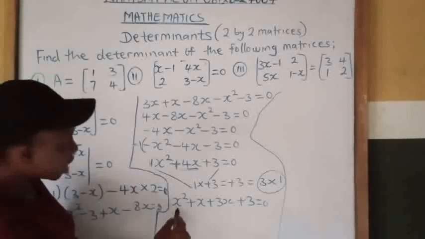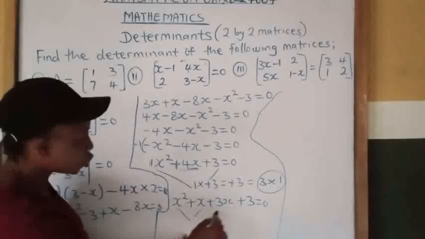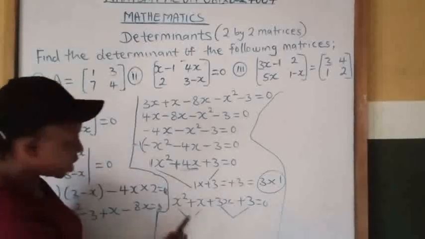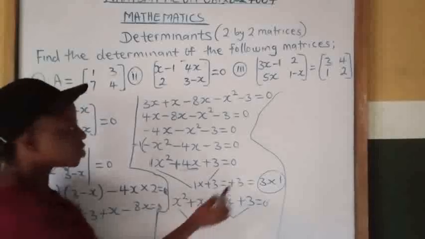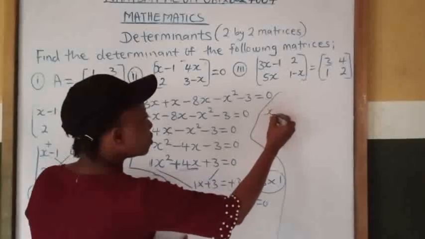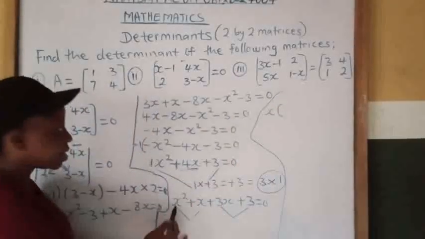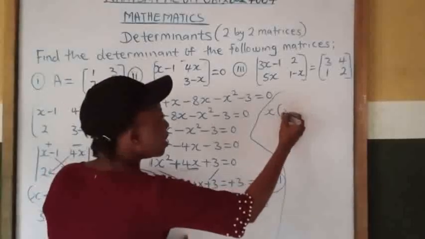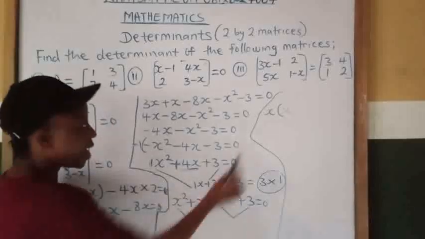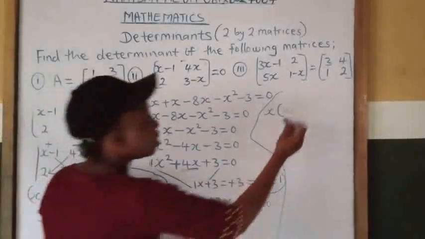Now, let's group them 2, 2. This one and this one together, this one and this one together. So what is common to x raised to power 2 and x? It is x. So x will come out of the bracket, x into bracket. So use x to divide x raised to power 2 will give us x. Now, x divided by x will give us 1.